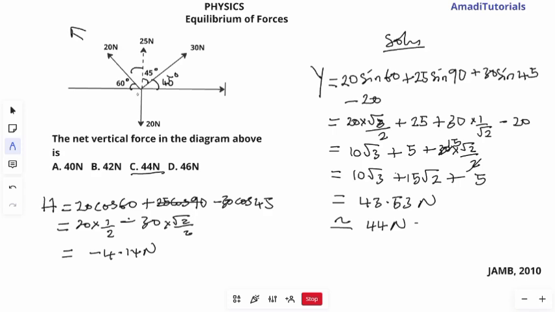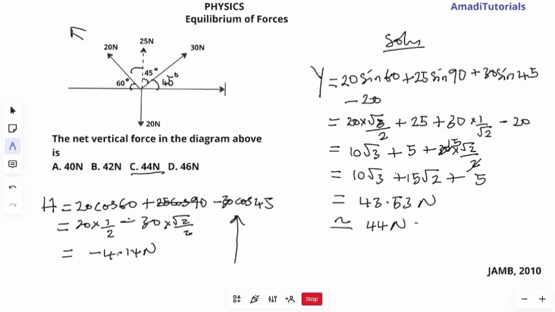So normally I should have started with 30 cos 45, then minus this. But it's still not a mistake, because if you still solve, you arrive here. What this shows is the direction that is in opposite direction. So if we are to draw our net vertical and horizontal force, of course the resultant of the vertical was 44, which means it's upward. So we draw upward.